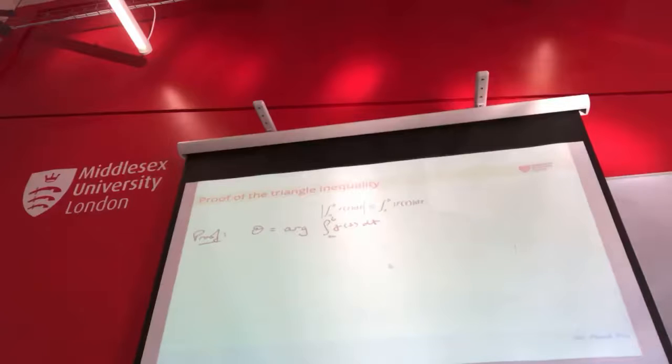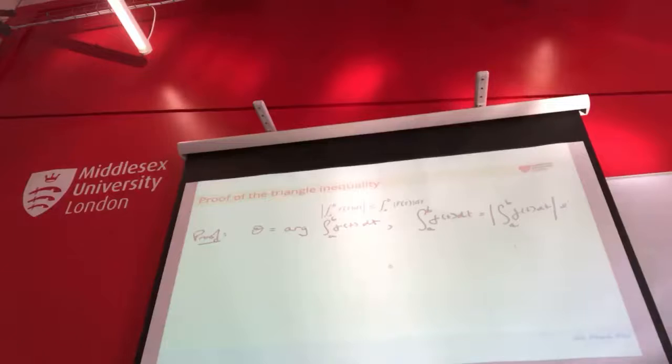We start by letting theta be that argument. Well, what does that mean? That means that the integral from a to b of f of t dt is r e to the i theta, where r is the absolute value of that integral.